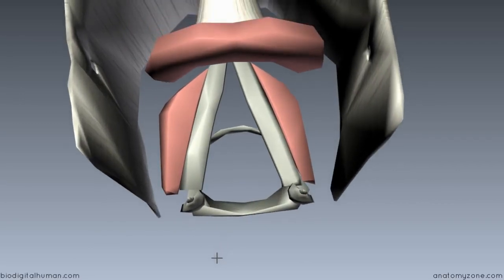So when the lateral cricoarytenoid muscle contracts, it's going to pull the muscular process this direction. So it's going to internally rotate the arytenoid cartilages, and it's going to close the rima glottidis. So this results in adduction of the vocal cords, and it brings the vocal cords together.